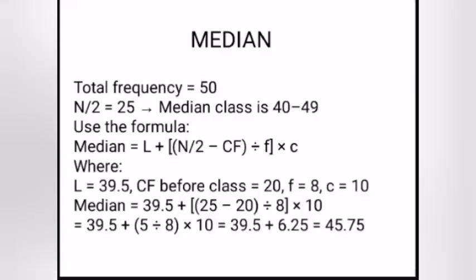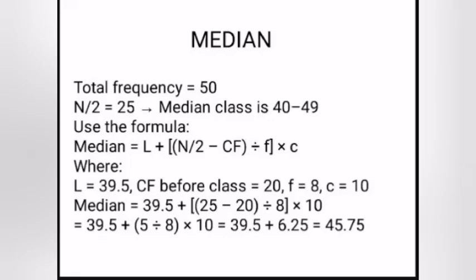So the next thing we're going to calculate now is the median. So I told you our total frequency, that's n, is equal to 50. So for you to find your median class, you do n over 2.